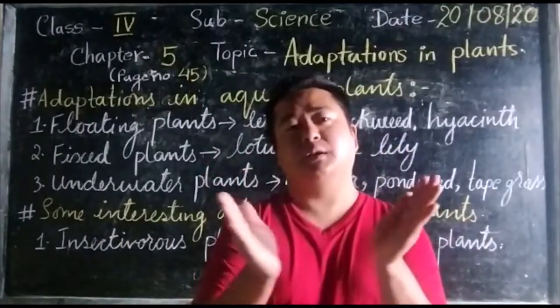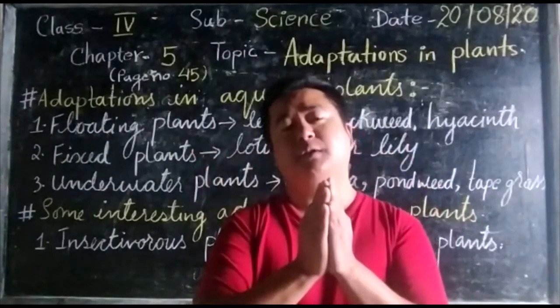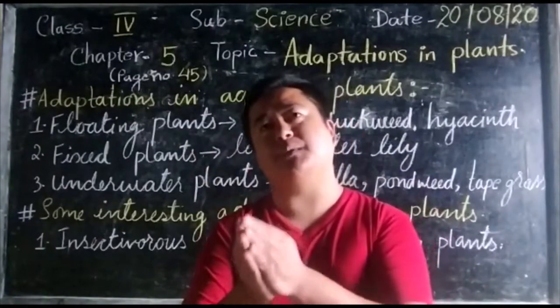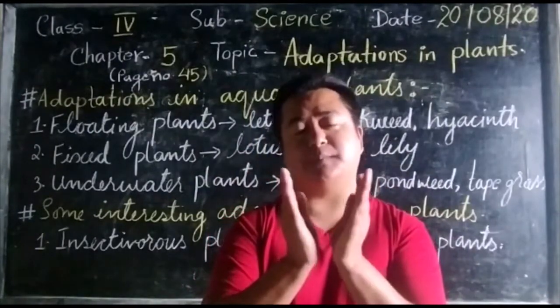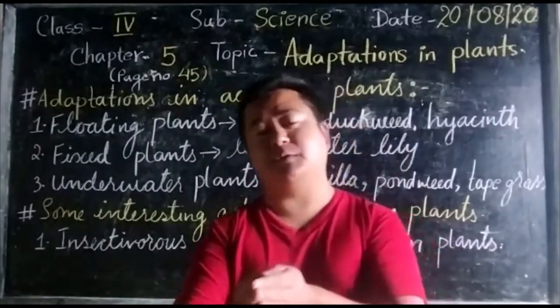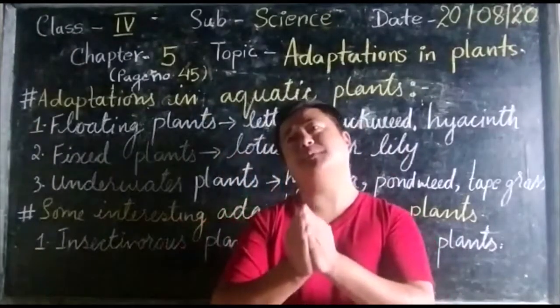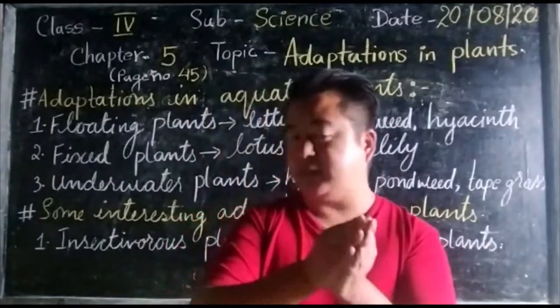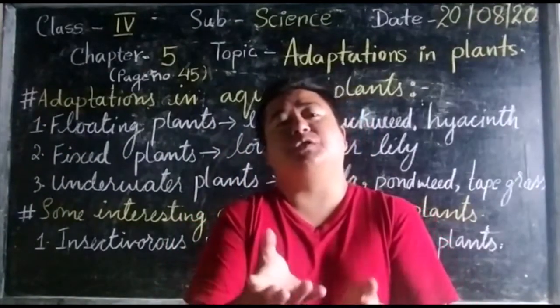All of a sudden the leaf shuts, and the fly or whatever prey comes in contact gets trapped and killed.